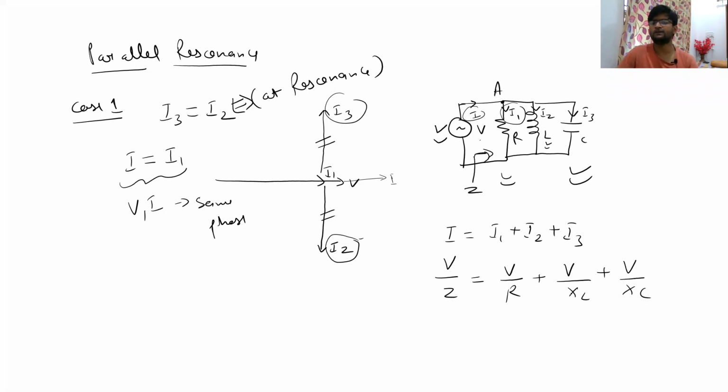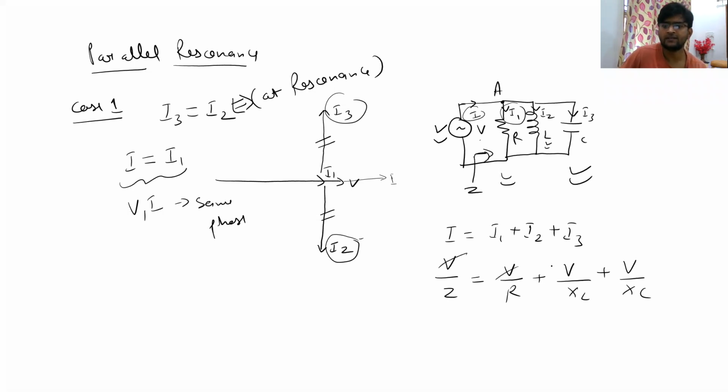I'm not including this j or minus j here. It will be understood. So we are just going by XL and XC, and XL and XC are inductive and capacitive reactances respectively.